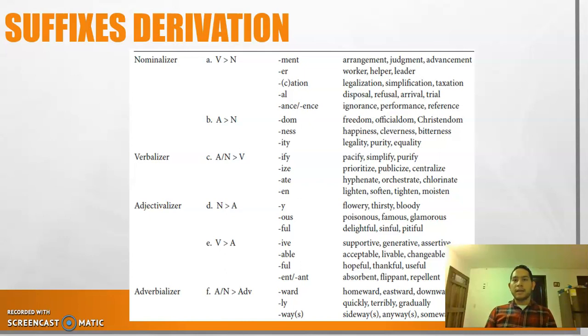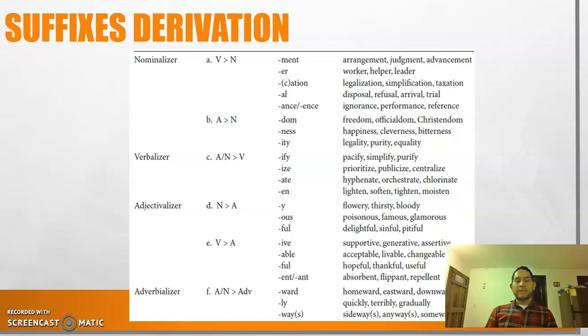The first one, nominalizer, means that it can change from a verb to a noun and from an adjective to a noun. Let's see the examples. If you add to the word judge the suffix ment, now it's judgment. If you add to the word work the suffix er, now it changes from work to worker. It was a verb, now it's someone who does the action.